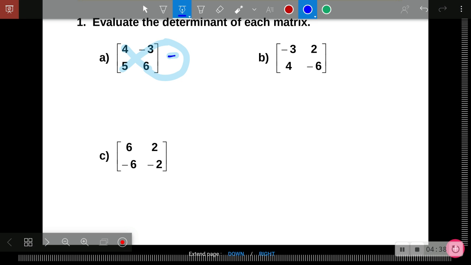So let me write this out. 4 times 6 is 24. And then in the other direction, you get a diagonal of negative 15. And we have a double negative going on here. So that's actually 24 plus 15, which is 39. So the determinant of that matrix is 39.